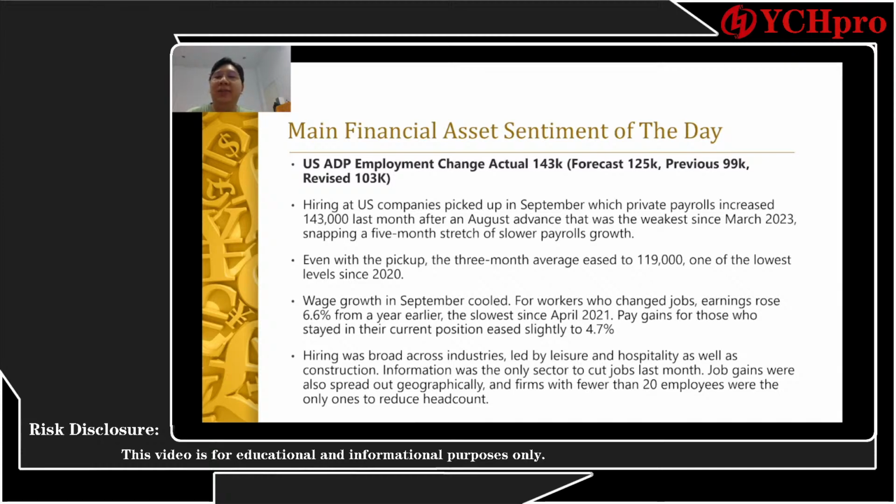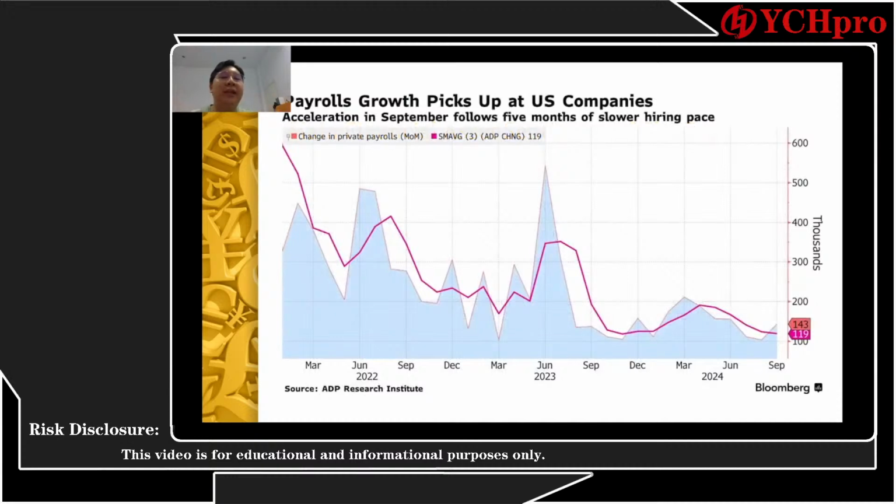Wage growth has been slowing, the slowest since April 2021, and pay gains have been slightly easing to 4.7%. Hiring was also broad across a lot of industries. So yesterday, this kind of data was negative for gold prices because the US dollar reappreciated on those data.